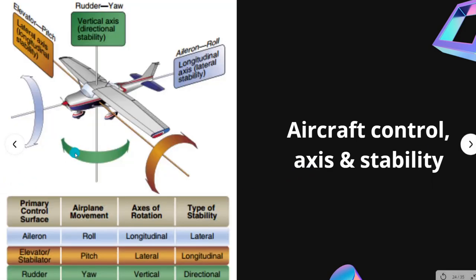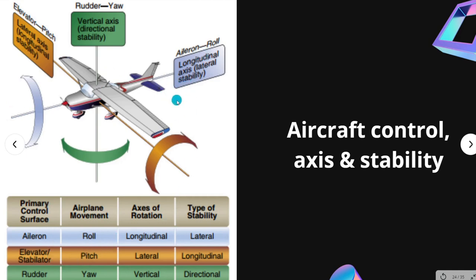Here you can see the primary controls of the aircraft. The first one is ailerons, which is used for rolling, and the aircraft rolls about the longitudinal axis. This axis is the longitudinal axis of the aircraft. The second one is the elevator.